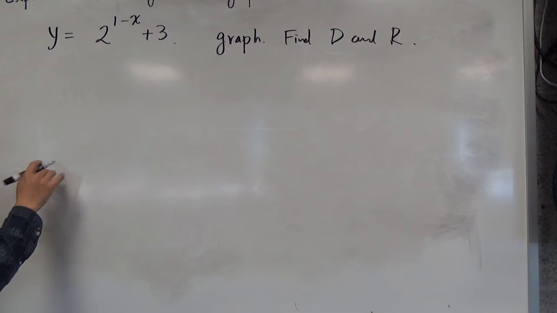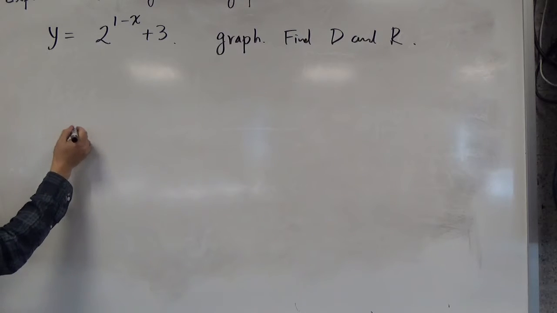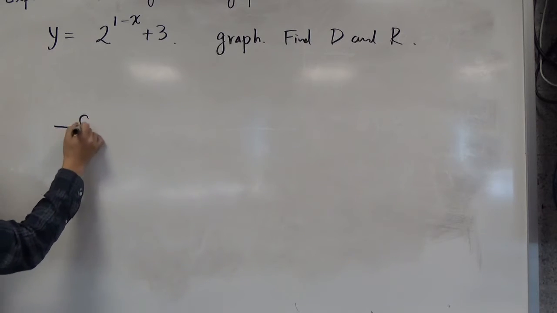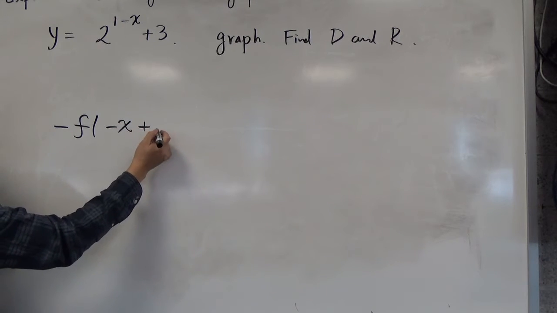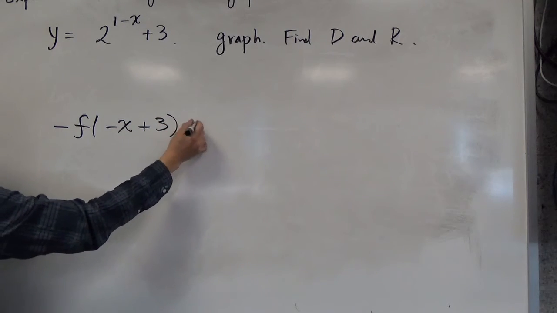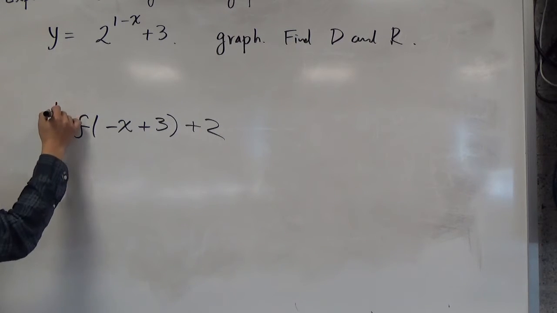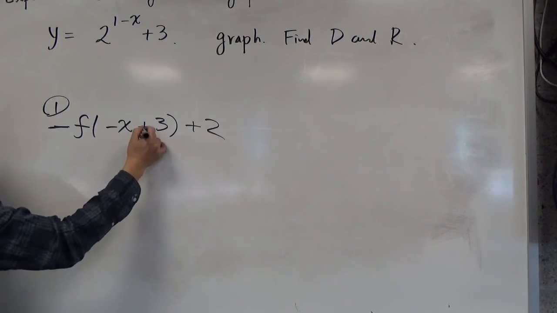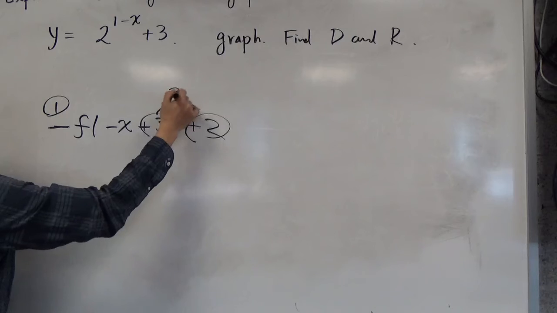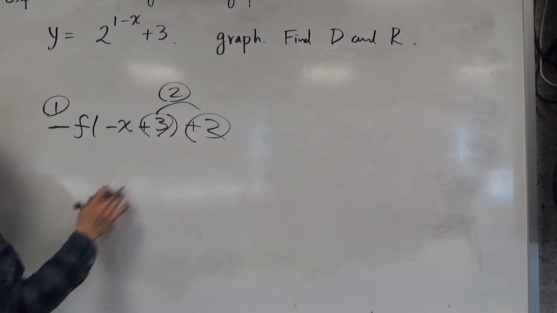Now, in general, here's how I like to do things. If you have a minus and then a function, and sometimes a minus in front of x, and then you have some number and another number like that, the way I go about it is first figure out what happens with this minus, and then think about these numbers, because those are the shifting.